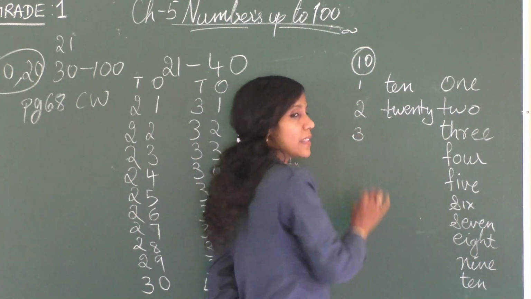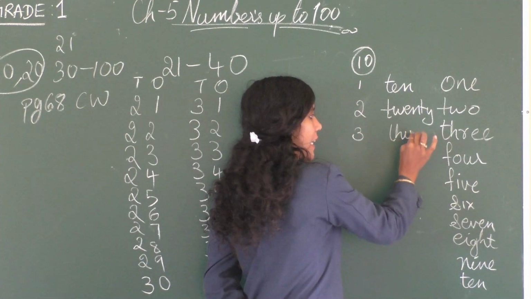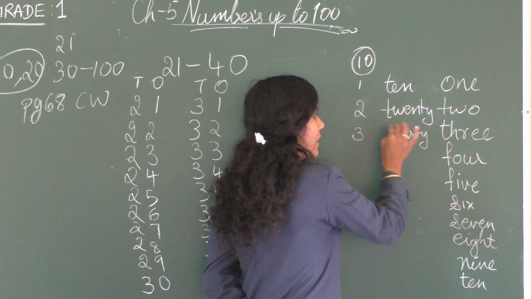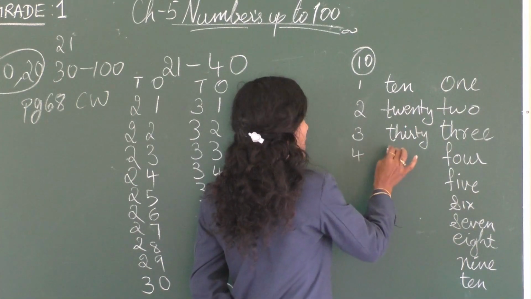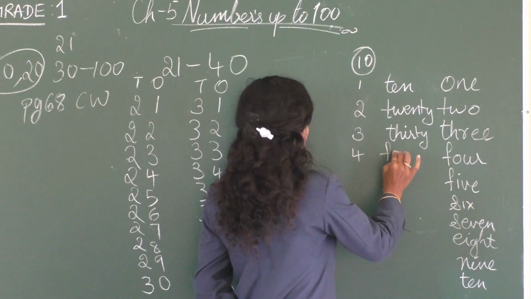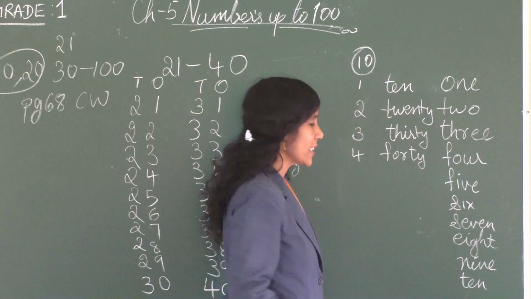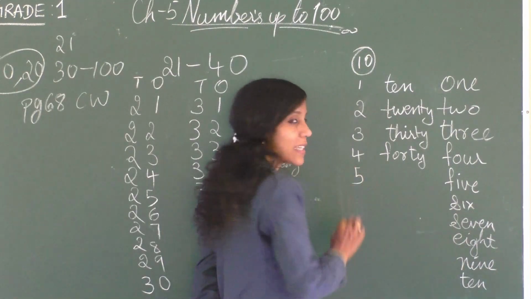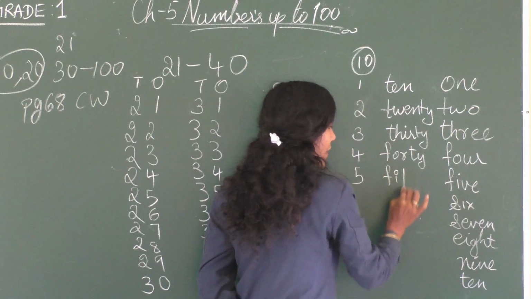When 3 bundles come, we call it THIRTY, 30. When 4 bundles are there, we call it FORTY, 40. When 5 bundles of 10s are there, we call it 50.